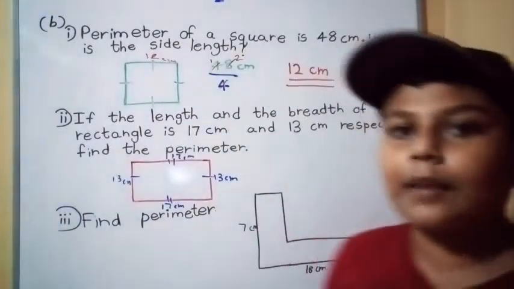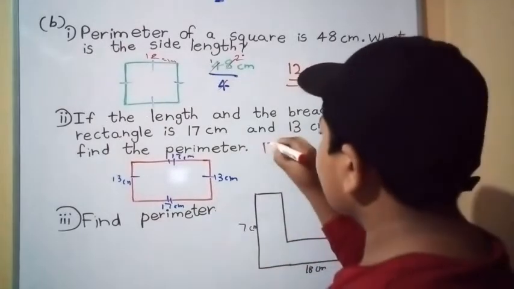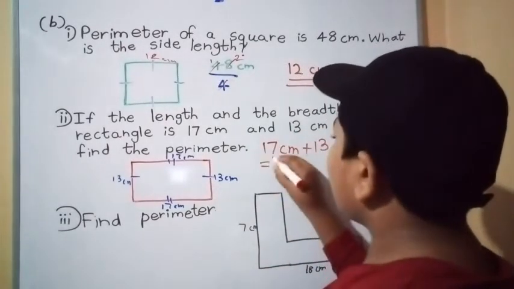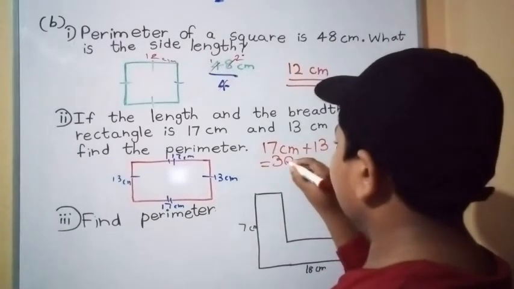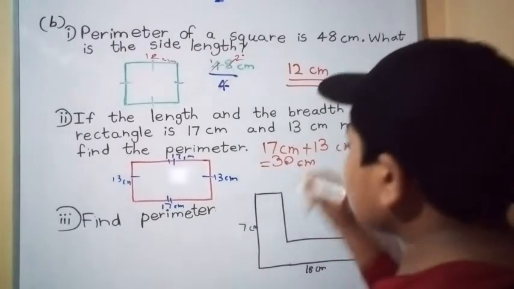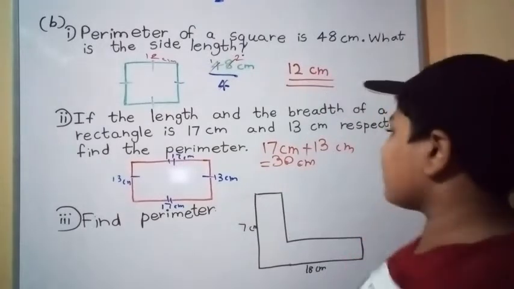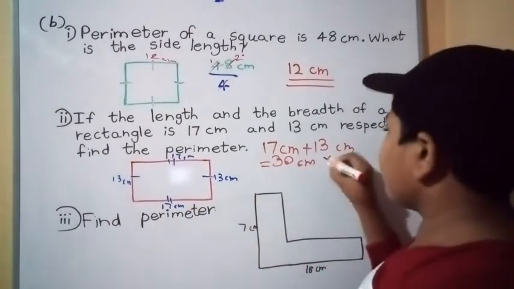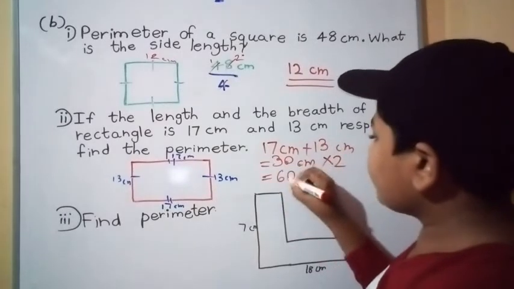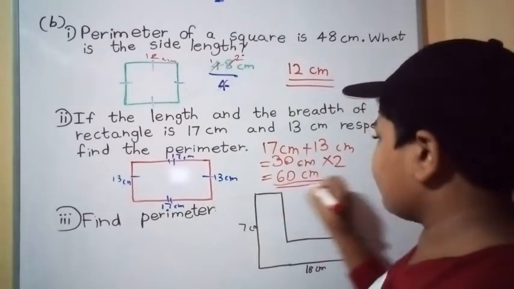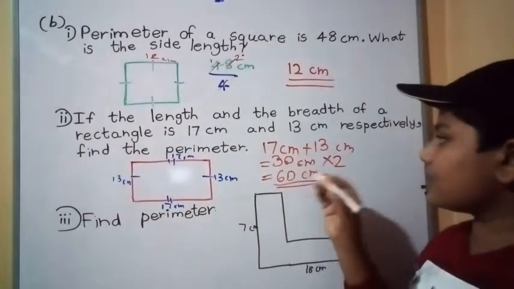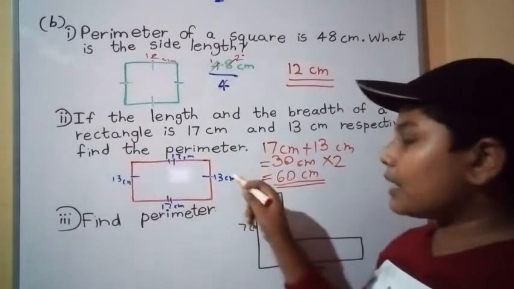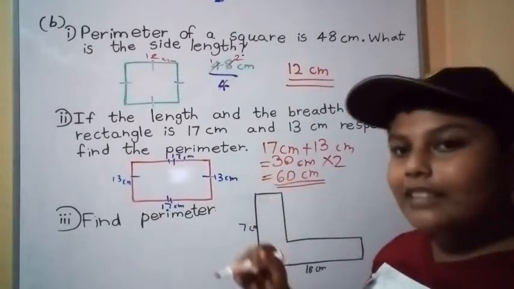Find the perimeter. First, 17 centimeters plus 13 centimeters, altogether 30. Now you multiply this because the opposite sides are the same. 17 plus 17 is 34. 13 plus 13 is 26.